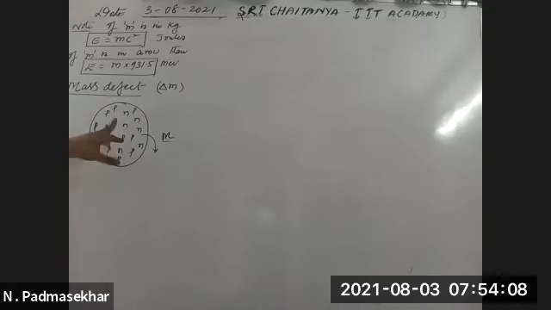So there is some difference between the total mass of the constituent particles and the mass of the nucleus. That difference will be called mass defect.